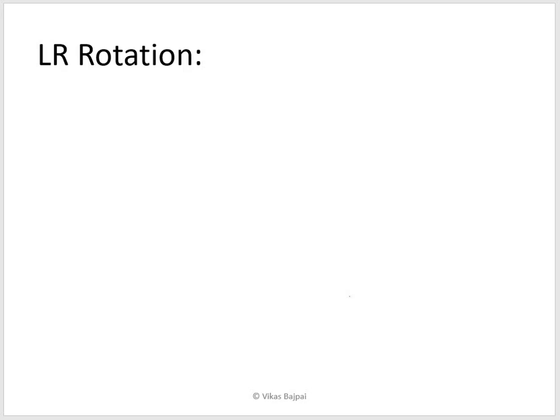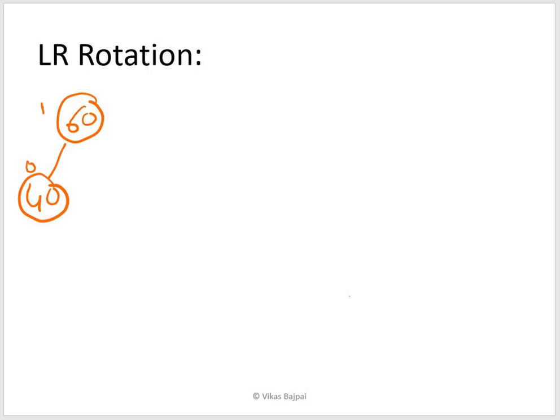In case of LR rotation, let's take one more example with the same set of key values. Let's say I have root node as 60 and another key value as 40. So this looks perfectly fine, 0 and 1. Now let's add a key value, let's say 50.